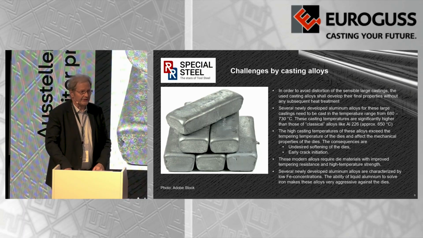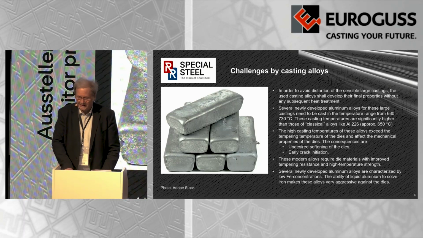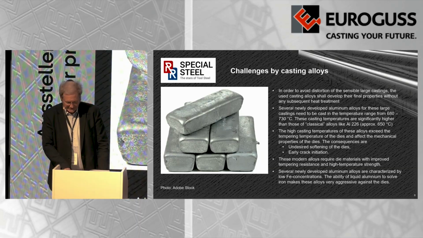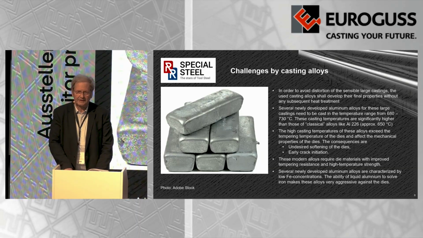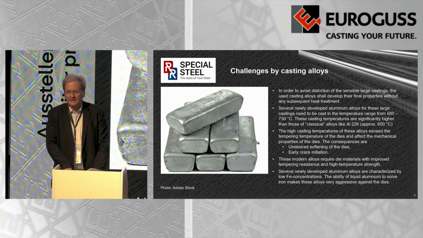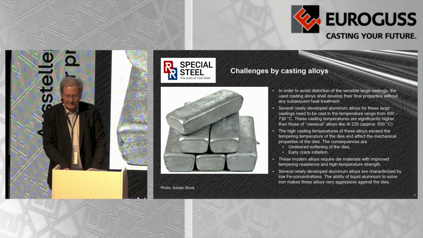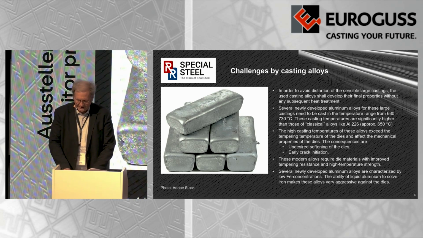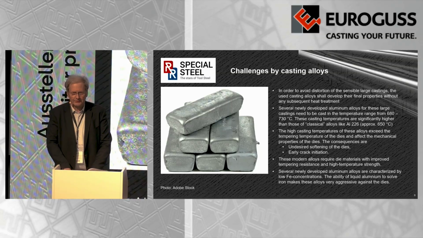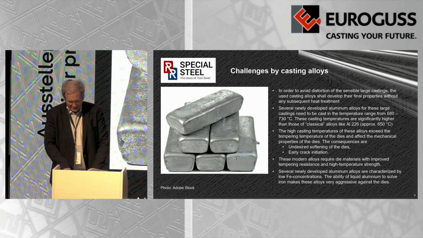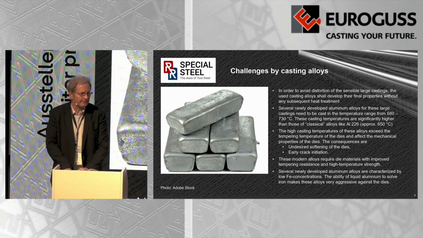Challenges by casting alloys. What do I mean with that? A number of different aluminum alloys have been developed, especially for these large die castings. Their casting temperature ranges from 680 to 730 degrees, and this temperature range is significantly higher than that of the classical aluminum alloys, like aluminum 226, which typically has a casting temperature of maximum 650 degrees centigrade.